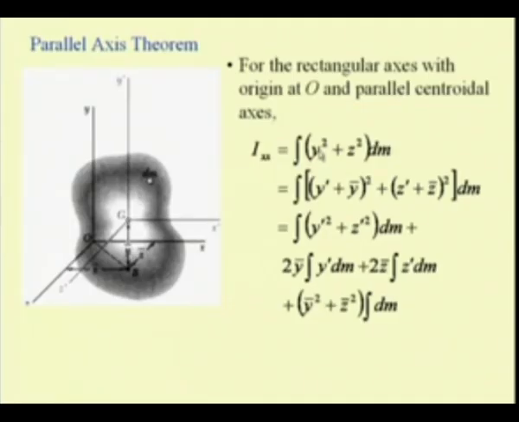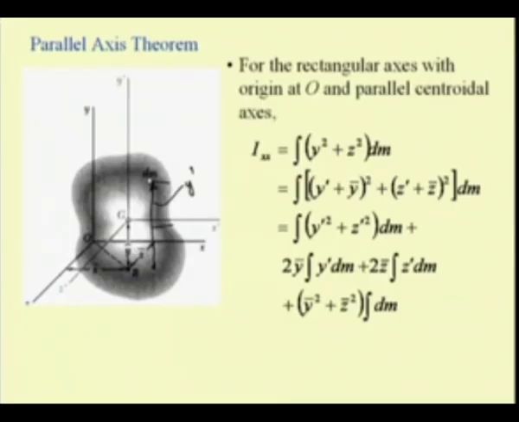So, we have y, this is the distance y, equal to y bar plus a distance y prime, which is the distance of this particle dm in the frame y prime, z prime, x prime.